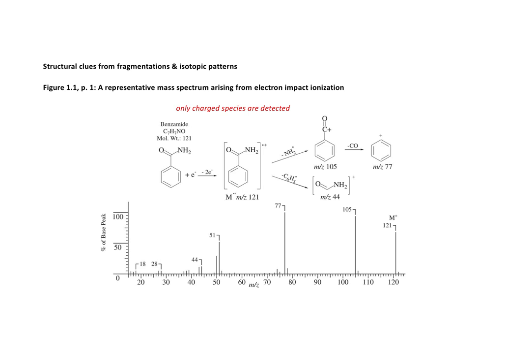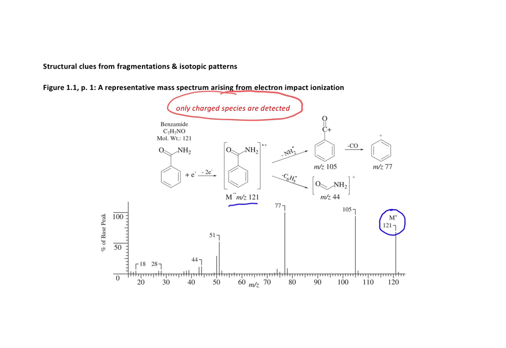First of all, in mass spectrometry, only charged species will be detected. The ionization method forms a molecular ion, which is detected in this case at 121 mass over charge.